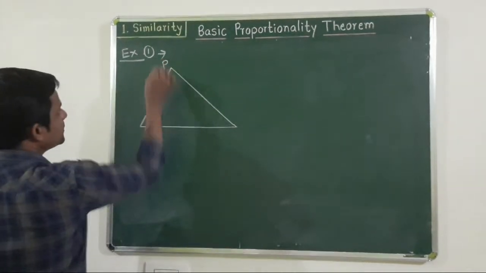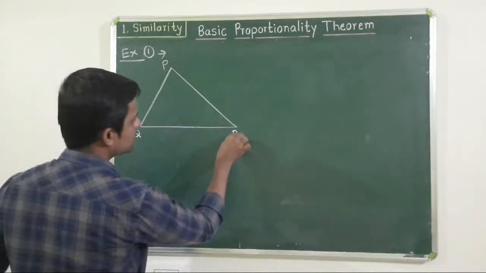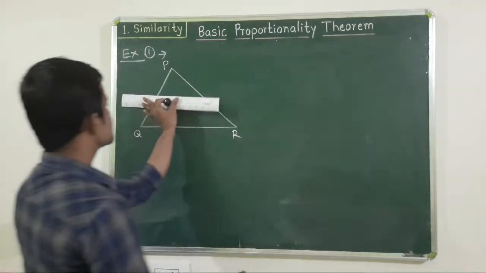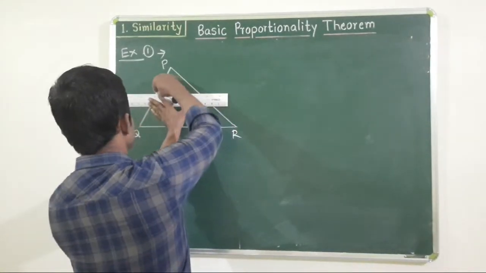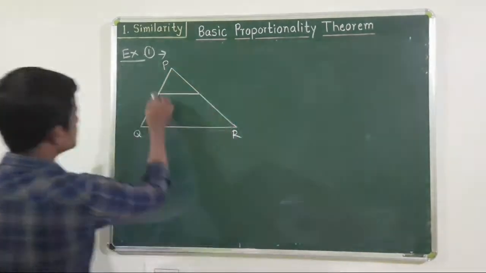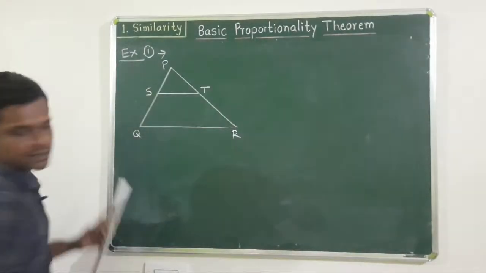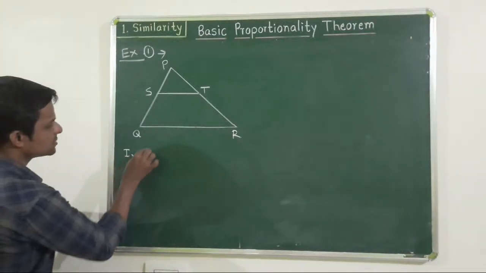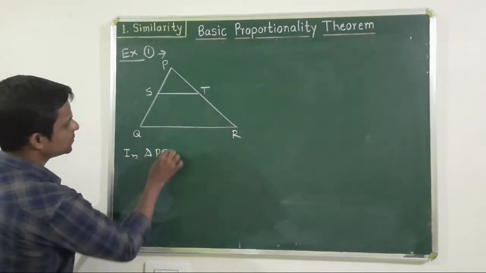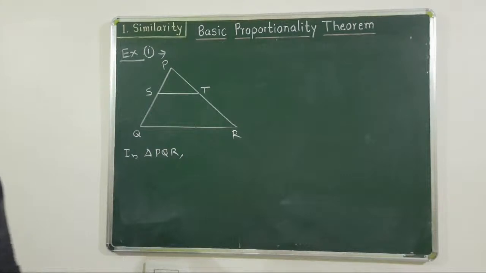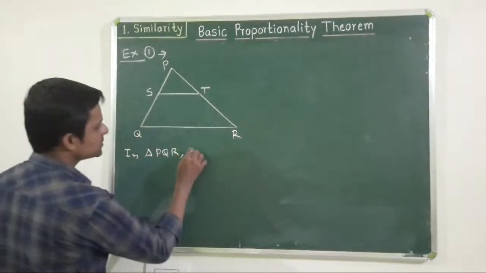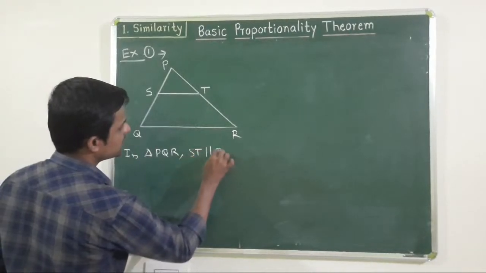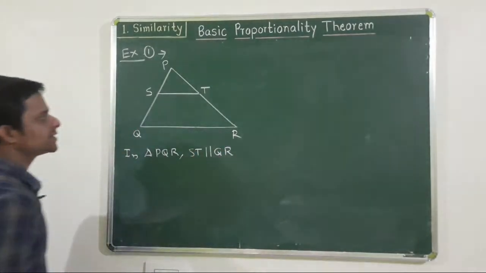Suppose triangle PQR, and one segment is given here, suppose ST, and some values are given. This is the question. In triangle PQR, suppose ST is parallel to QR, which is given. ST is parallel to segment QR.